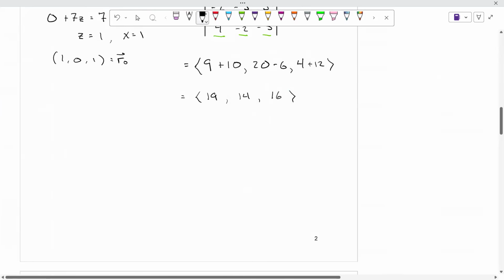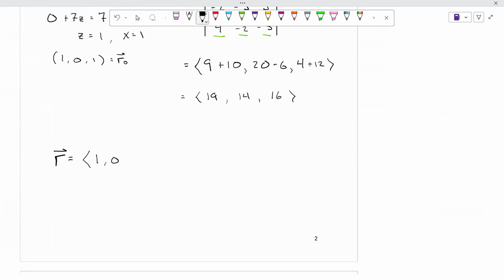So I just need to come back and express this thing as the equation of a line. So probably something like 1, 0, 1 plus 19, 14, 16 times t.